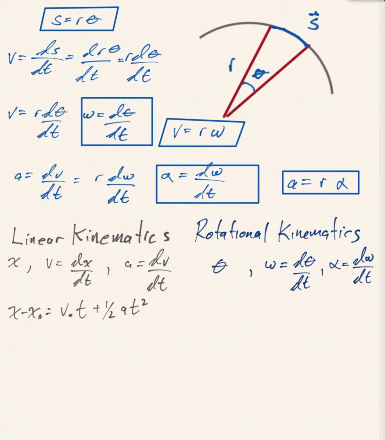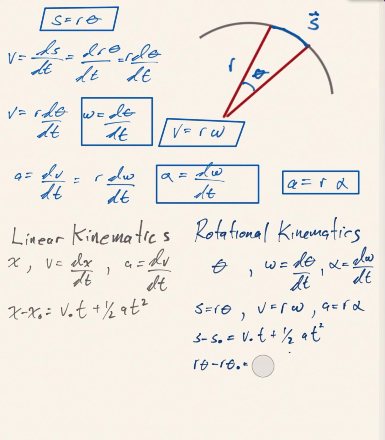So using s equals r theta, v equals r omega, and a equals r alpha, we can see that that equation gives us that r theta minus r theta 0 is equal to r omega 0 times time plus 1/2 r alpha times time squared. You notice that every quantity has an r in it, so we can divide that through, and we get simply that theta minus theta 0 is equal to omega 0 times time plus 1/2 alpha times time squared.